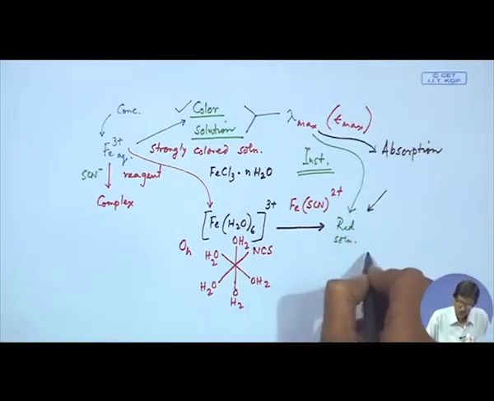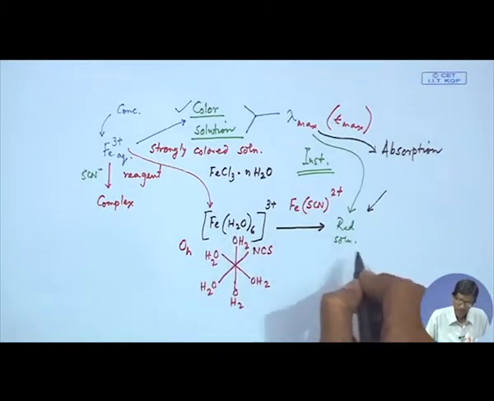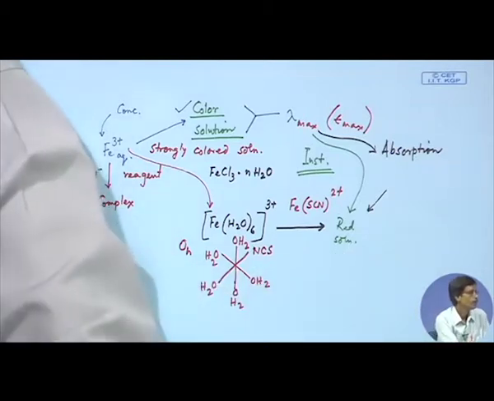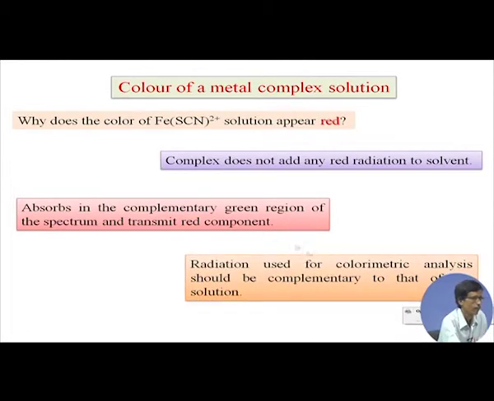The red solution for this iron thiocyanate complex has a characteristic lambda max value in the green region of the spectrum. When it absorbs in the green region, it transmits the red component, that is why your solution is red in color. So, we should now know what the lambda max value is for this green region of the electronic spectrum.